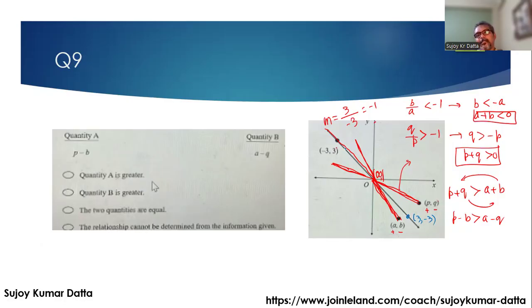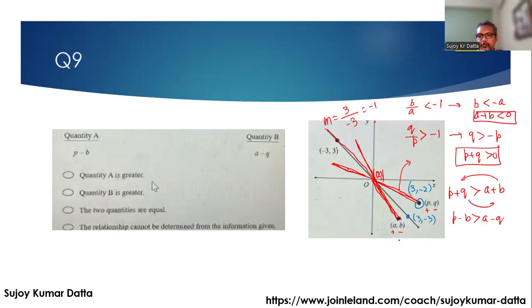Because it is exactly a 45-degree line with slope -1, the x and y values are equal in magnitude and opposite in sign, x positive, y negative. Since the point P, Q is above it, we can pick an x value, let's say 3 only, and the y value greater than -3, like -2.